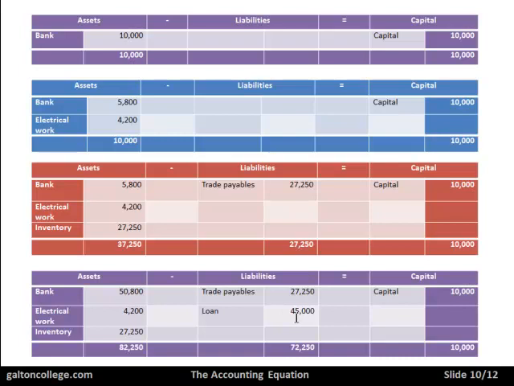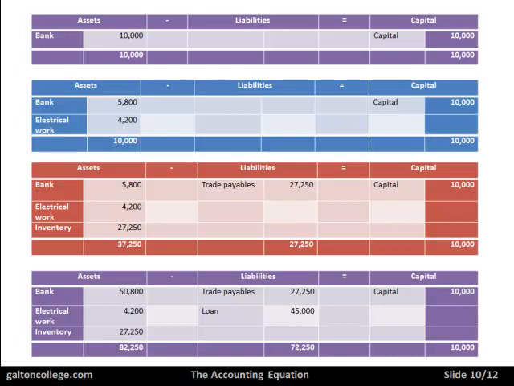But he has a liability here. So now if you look at the totals, he's got 82,250 in assets, but he owes 72,250. The difference between the two figures, of course, is still his capital. So you can see how assets minus liabilities is equal to capital.